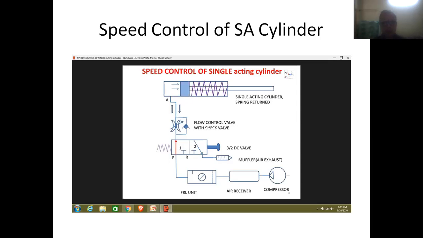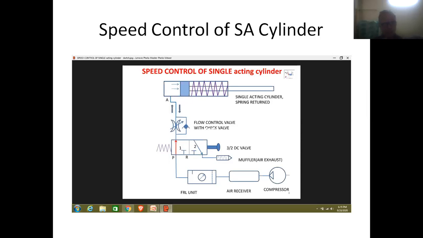Now, friends, coming to the other components, as usual, in the single acting cylinder fluid will be acting only on one side of the piston. So it will be entering and leaving from the same side of the piston. So therefore, it's called a single acting cylinder.